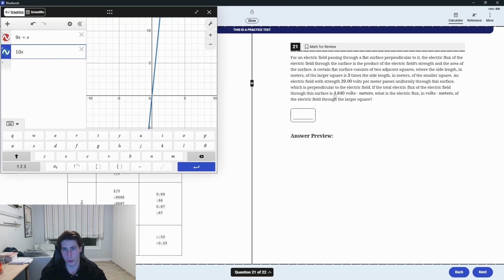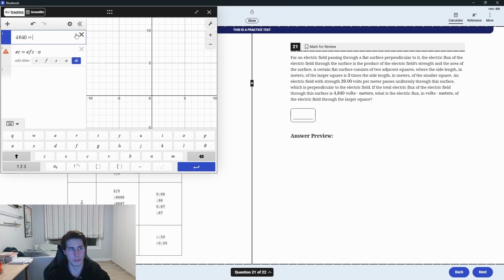And so we know that the total electric flux is 4,640 volts per meter. So if we remember, electric flux is equal to the electric field strength, EFS, times area. So EC is equal to EFS times area.